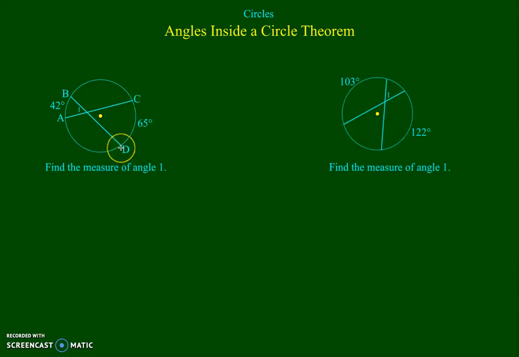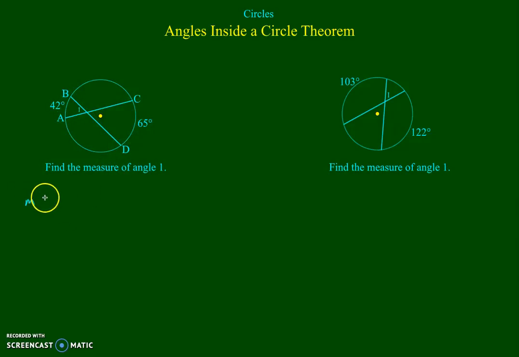So using the angles inside a circle theorem, we know that the measure of this interior angle, angle 1, is going to be equal to 1/2 the sum of the intercepted arcs.